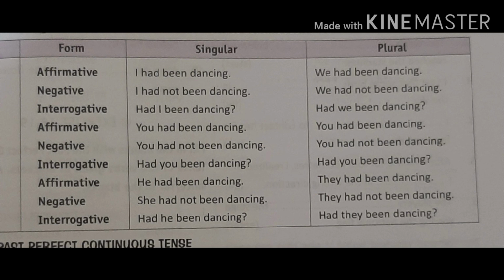Interrogative, had I been dancing? Same in the next. You had been dancing. Affirmative. You had not been dancing. Negative. Had you been dancing? Interrogative. I hope you will understand the tenses, past perfect and past perfect continuous.